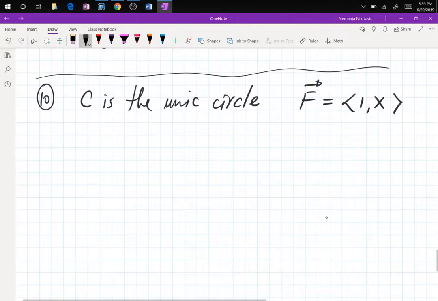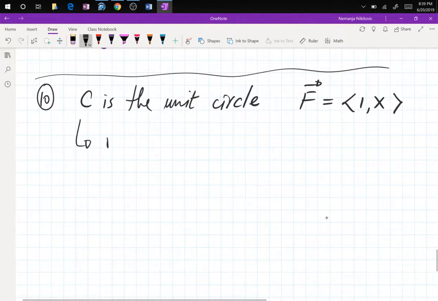All set? Good. So, see, it's good you signed up for Calc 3, right? Because if you never learn how to juggle, now you did, to pick up all of your F's and G's. All right. So, unit circle.